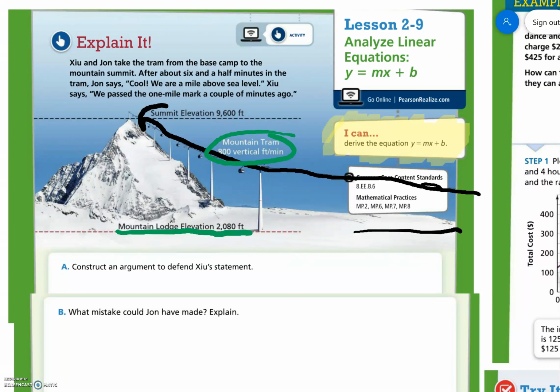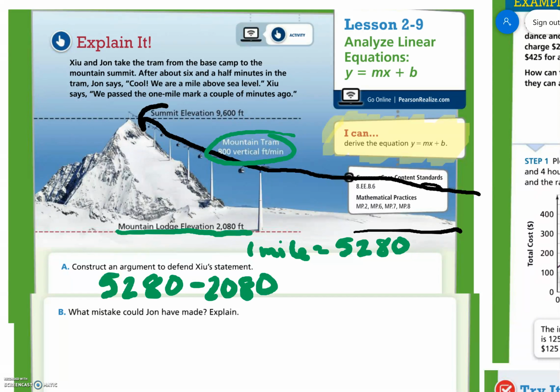Well, Zhu is saying an important thing to note, that 1 mile is equal to 5,280 feet. Well, if we are starting at 2,080 feet, 5,280 minus 2,080 means we only have to go 3,200 feet.